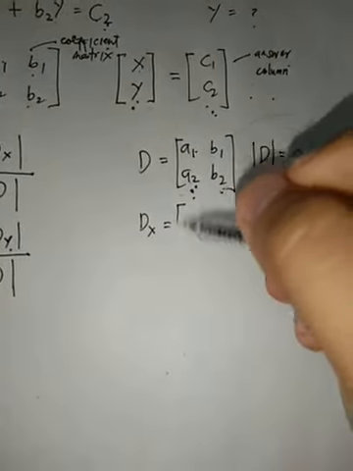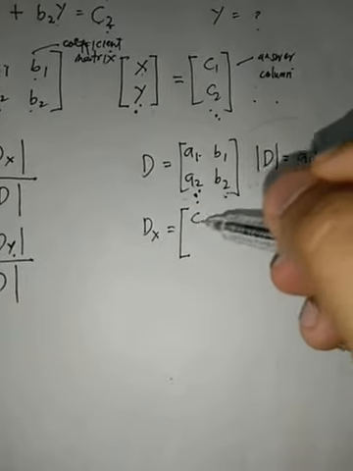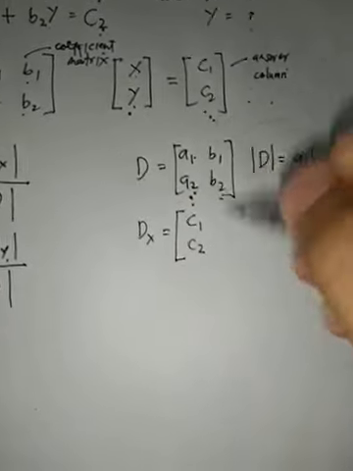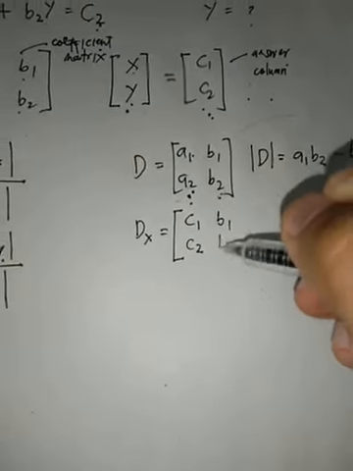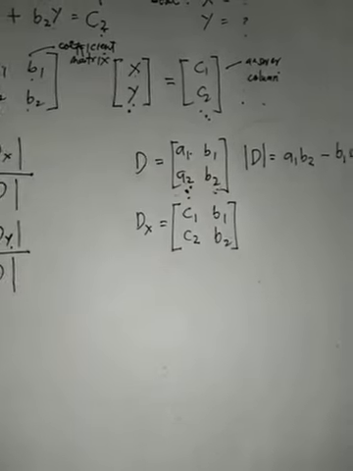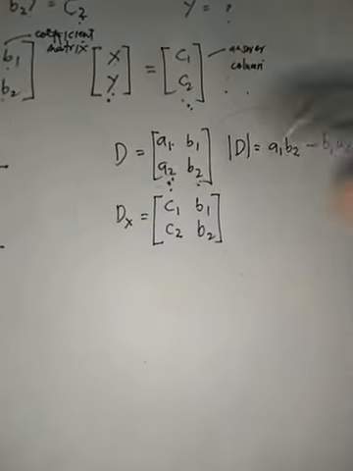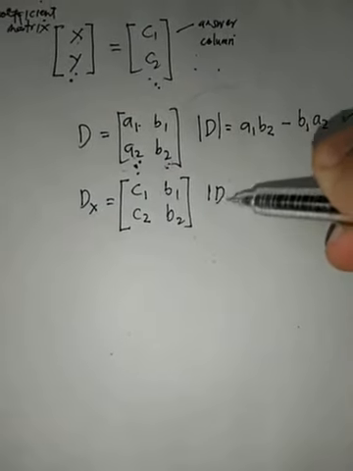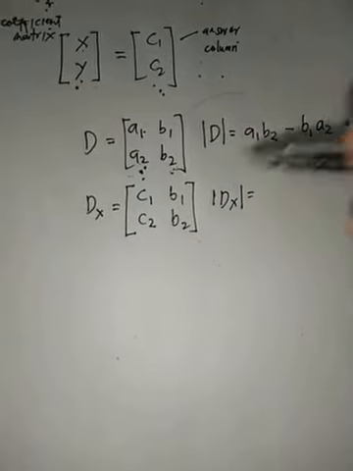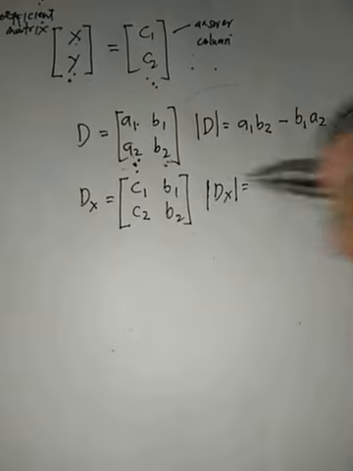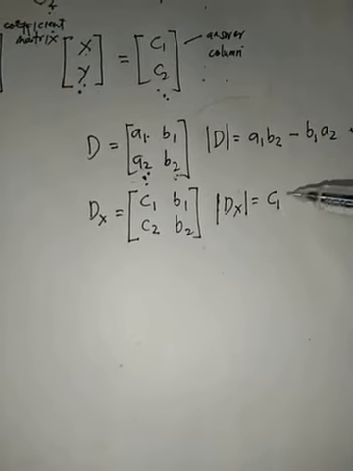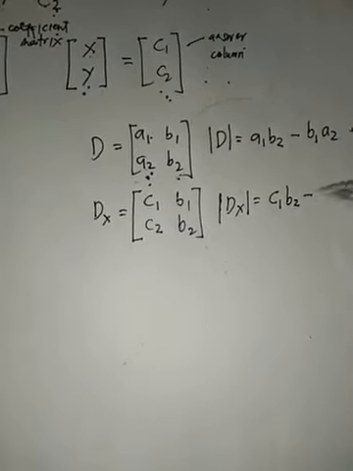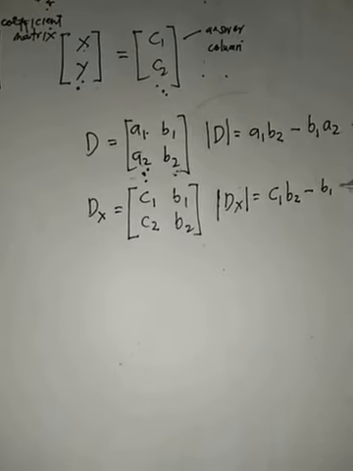So, therefore, ang ating D sub x is C1, C2, B1, B2. Okay? Then, determinant man siya, di ba? Determinant of x. So, ang determinant of x nito is C1 times B2 minus B1 times C2.